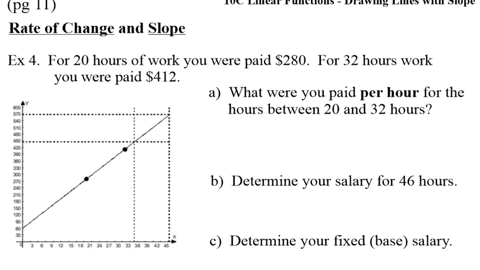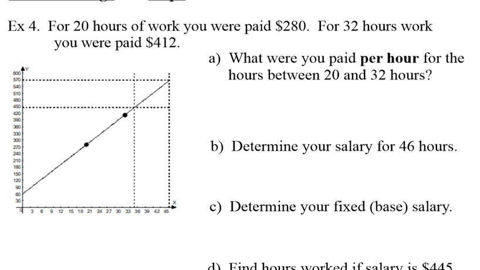Last example. Here we go. Chart is given for us. For 20 hours of work, you were paid $280. For 32 hours work, you were paid $412. So that's been put on here. It shows us this point here is saying 20 hours of work because hours worked is your independent.